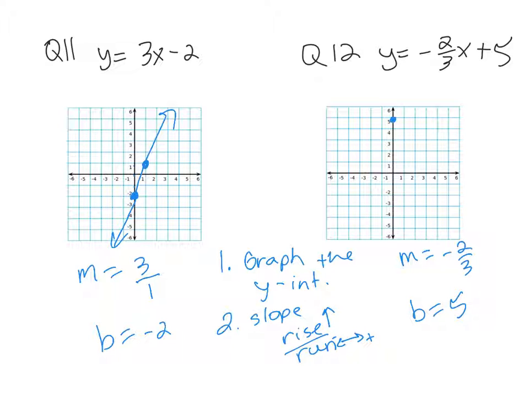So since it's negative, I can go down 2, 1, 2, and then to the right 3, 1, 2, 3. The other option is to go up 2, 1, 2, and then to the left 3, 1, 2, 3. You'll notice that will still be in line. If my coordinate plane was larger, I could extend it up, but instead I had to go down. Either way will work.